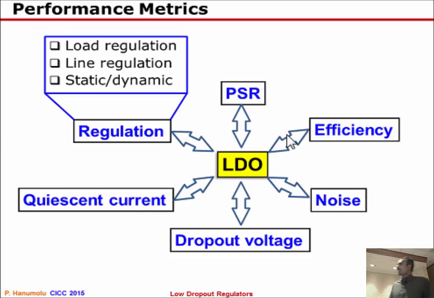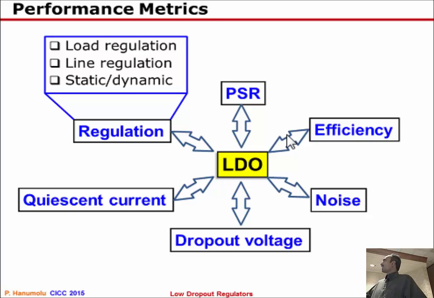The performance metrics are many. For any analog building block, you can always come up with power: we want the lowest power, lowest noise, and so on. But what I would like to do today is focus on LDO-specific performance metrics, such as power supply rejection ratio and efficiency, and in particular the regulation metrics.